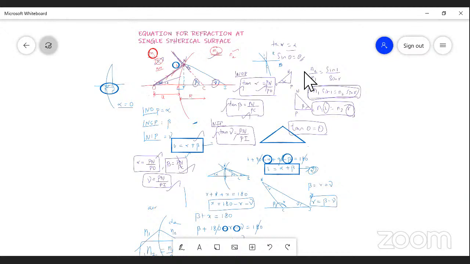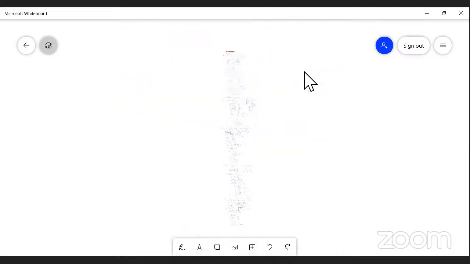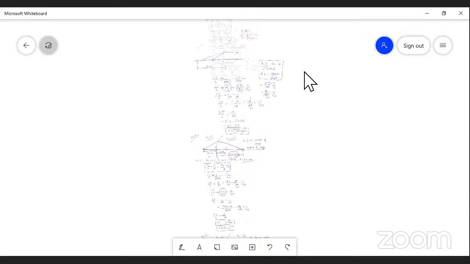First of all, draw the diagram, with the alpha value, beta value, and then gamma value also. So measure alpha, then beta, then gamma. Alpha is equal to PN by PO. The beta value is equal to PN divided by PC.